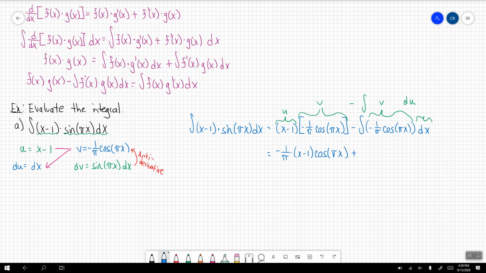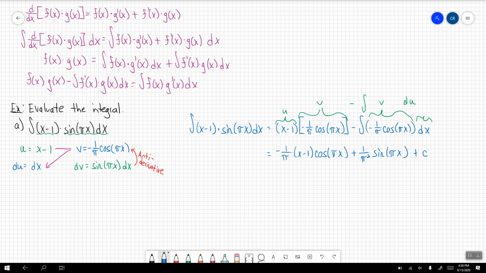I now have to integrate cosine of pi x. Integrating cosine of pi x should get me 1 over pi squared multiplied by sine of pi times x. Okay, that's not too bad. And then we have plus c, because this is an indefinite integral. So we have plus a constant.